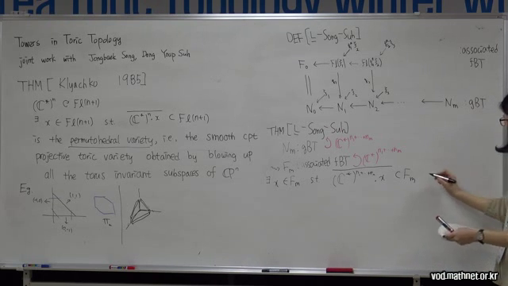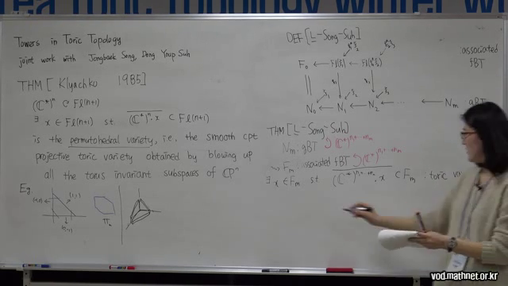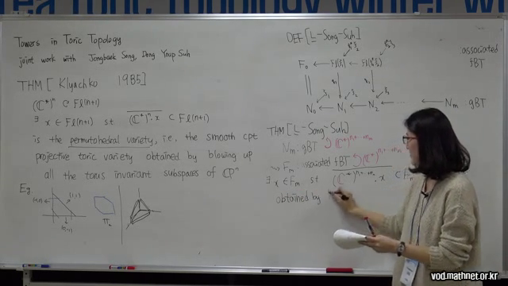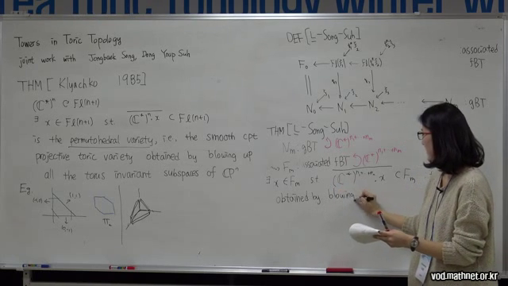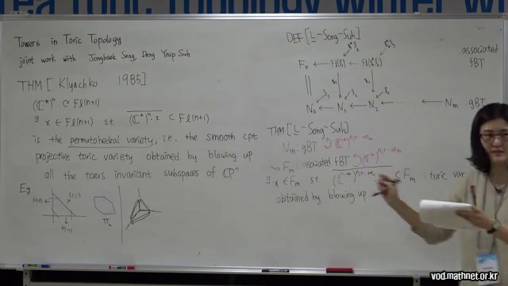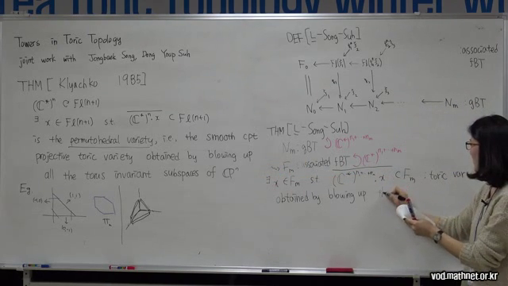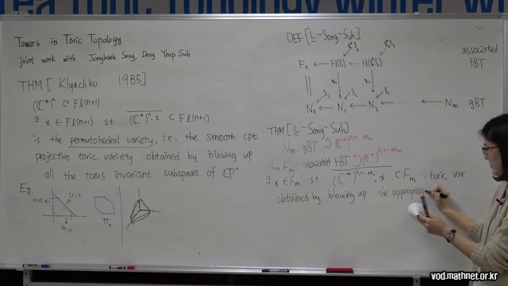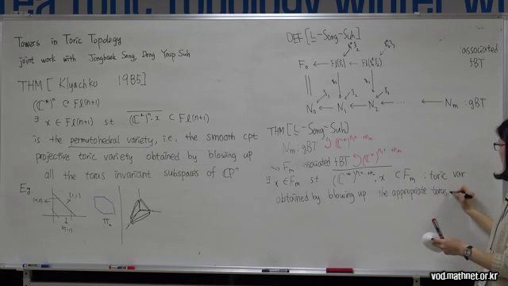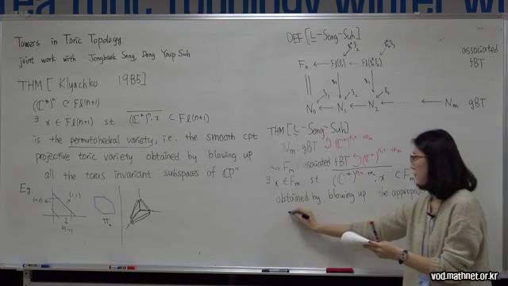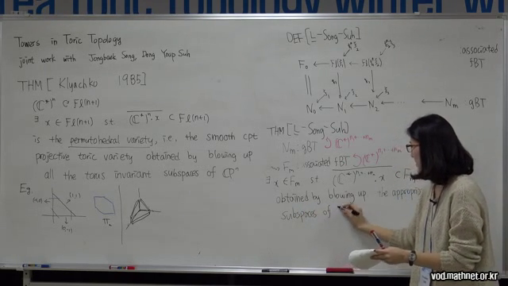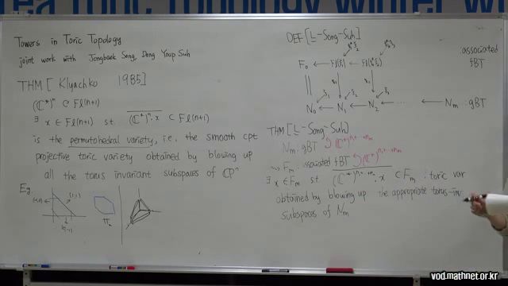obtained by blowing up some, not all, but some, appropriate torus invariant subspaces of this generalized Bott tower.